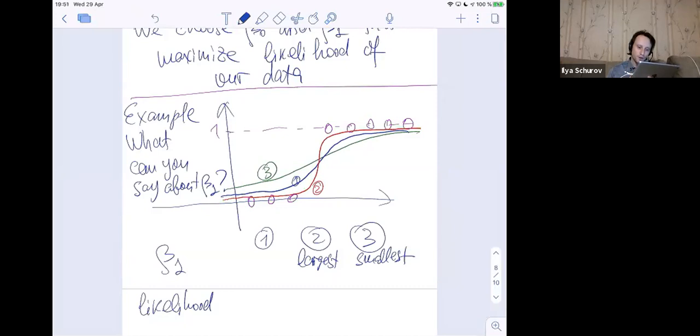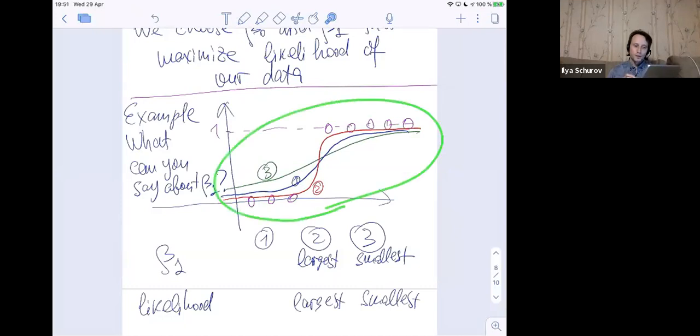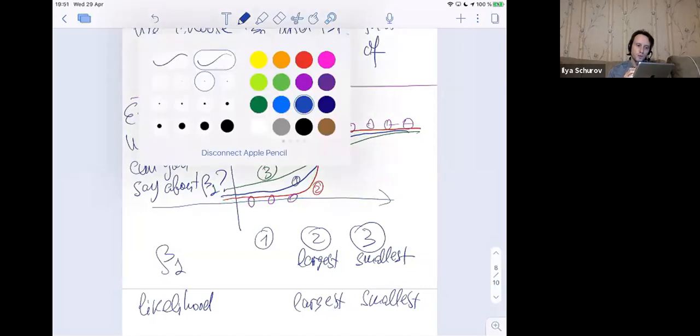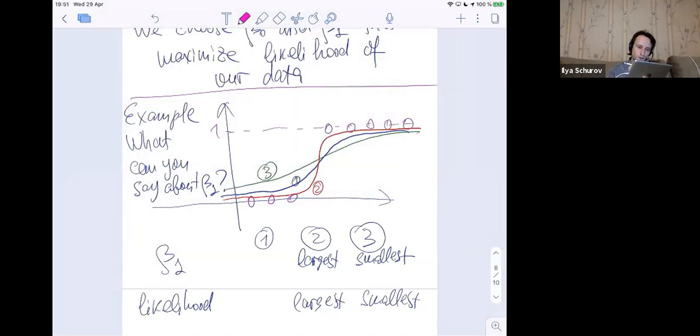So we have the largest likelihood for number 2 and the smallest likelihood for number 1. So in this data, we want to make beta 1 as large as possible. Actually, in the limit, we will get a curve that is very, very close here, then very, very steep here, and then very, very close here. This is like beta 1 being very, very large.